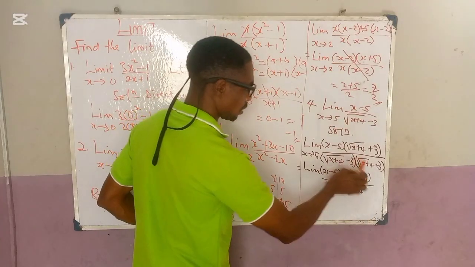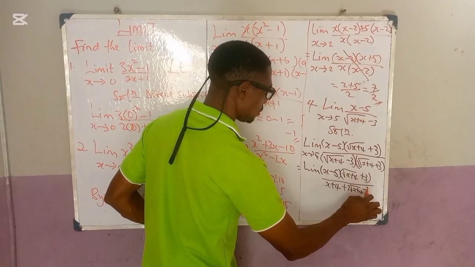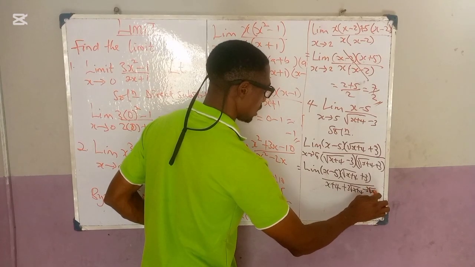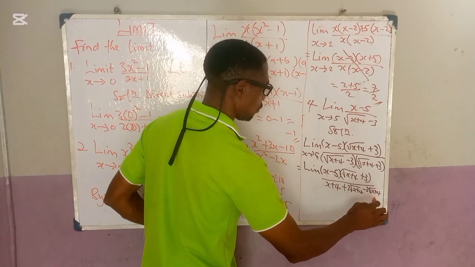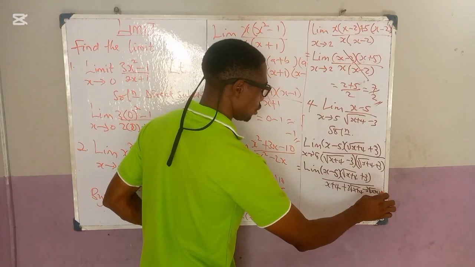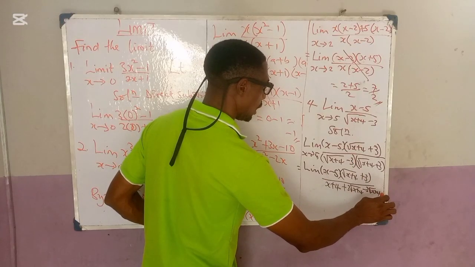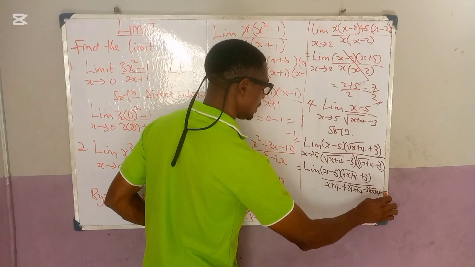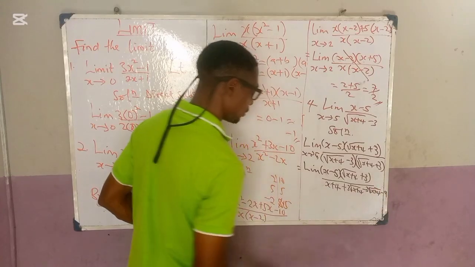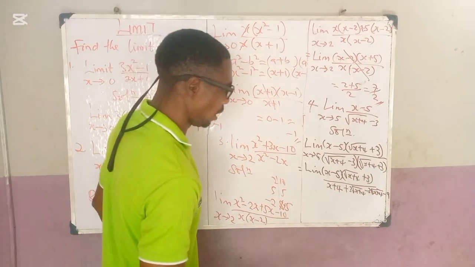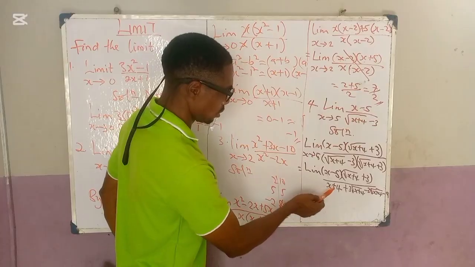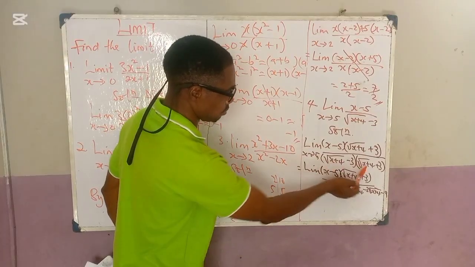Then this time this will give me minus 3 root x plus 4. Then this time this, it will become minus 9. Minus 9. Remember, look at this. You understand how this times this, I got this.